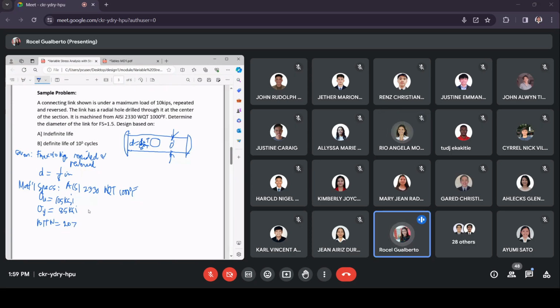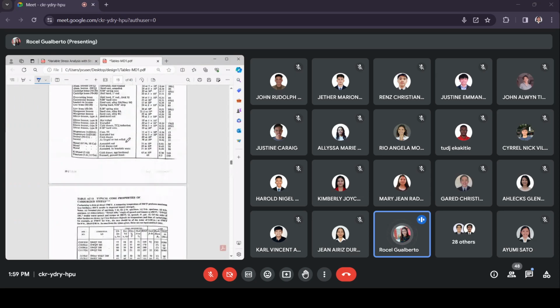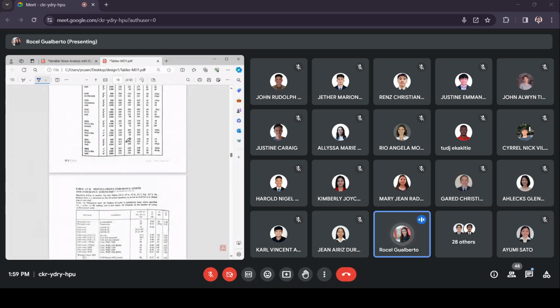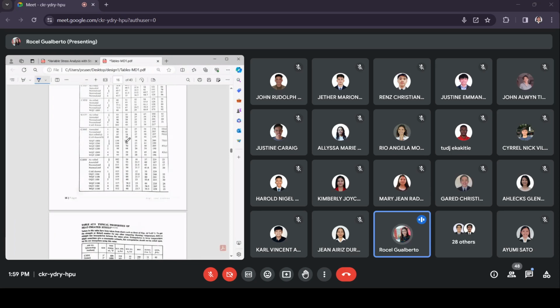So BHN is 207. This is taken from table 89. And what is the page number for table 89? That is page 17.